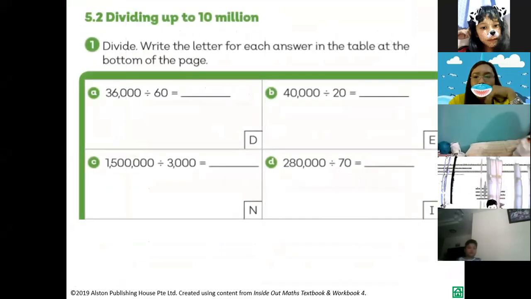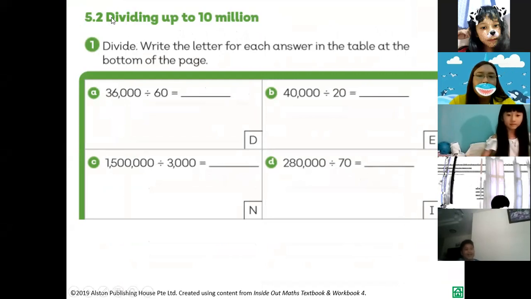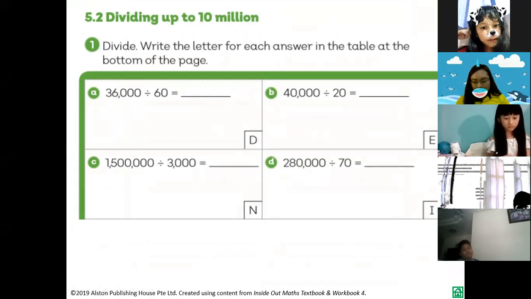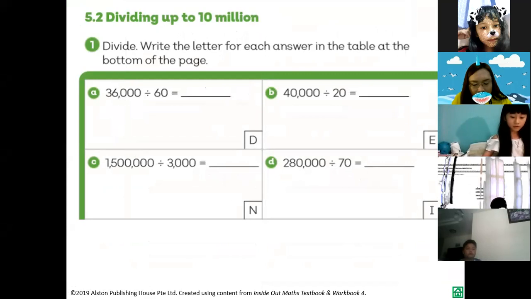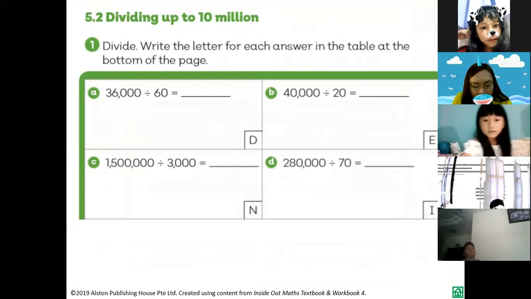Okay, so your homework is to answer 5.2, dividing up to 10 million, okay? So there are, hold on, let me check. So we have number one, number 2, number 3, and number 4.